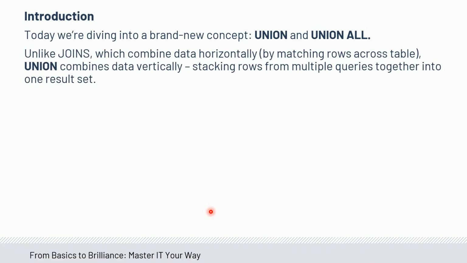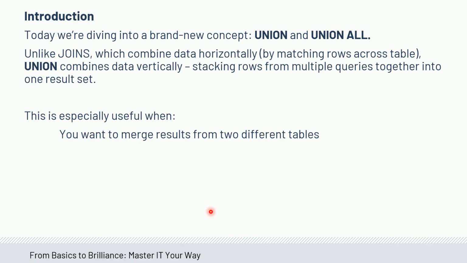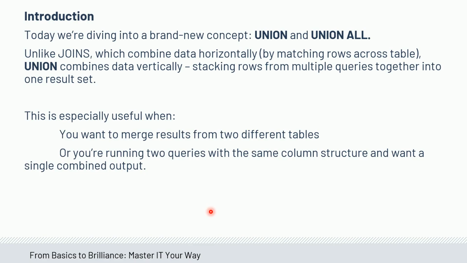Unlike joins, which combine data horizontally by matching rows across tables, union combines data vertically, stacking rows from multiple queries together into one result set. This is especially useful when you want to merge results from two different tables or you are running two queries with the same column structure and want a single combined output.